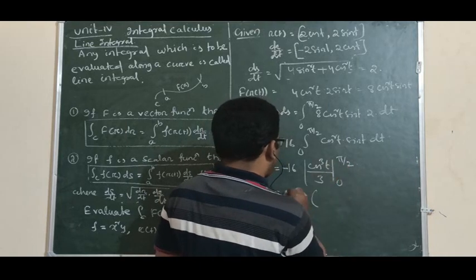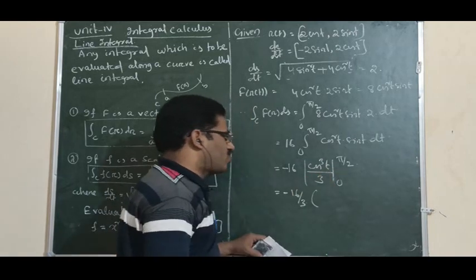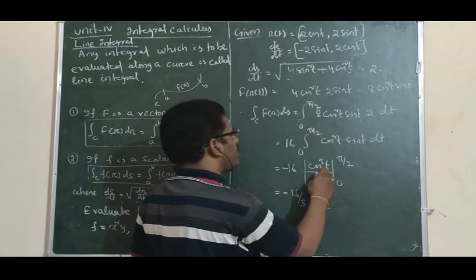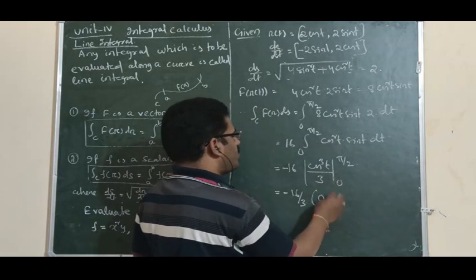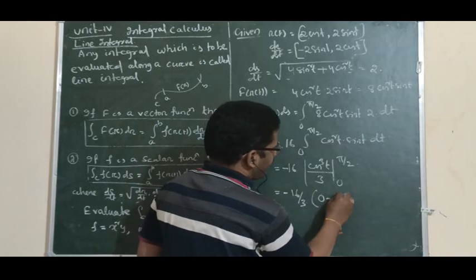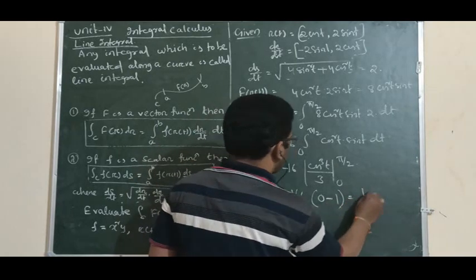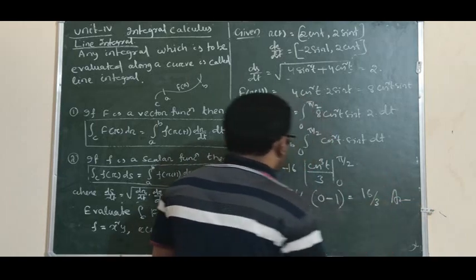If I put t equal to pi by 2, it is 0, minus if I put 0, cos 0 is 1. So we got here 16 by 3. This is the required solution.